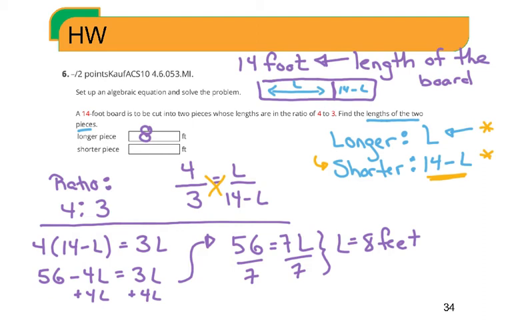What is the shorter piece? The shorter piece is 14 minus 8, which is 6. So that's 6 feet. Okay, so this was the key, coming up with this ratio.